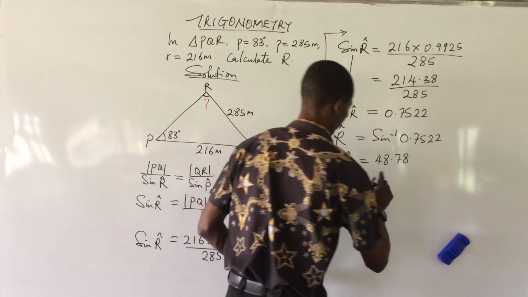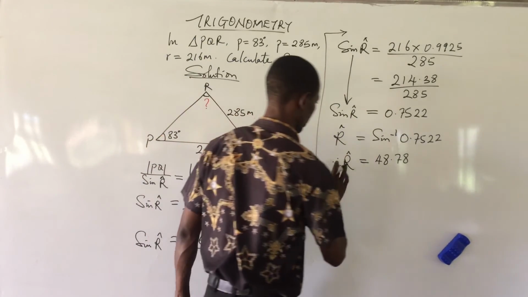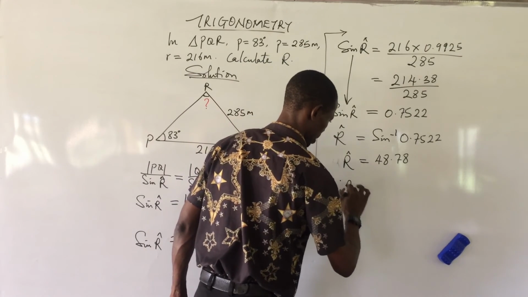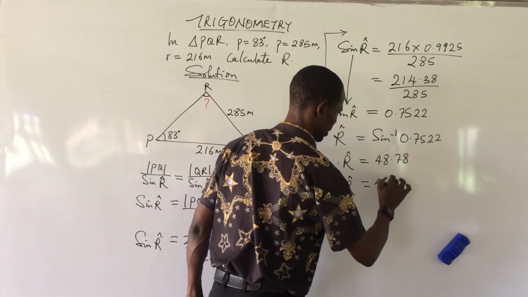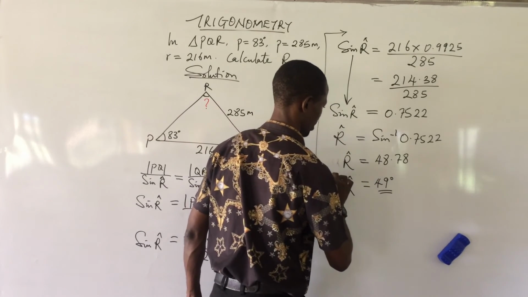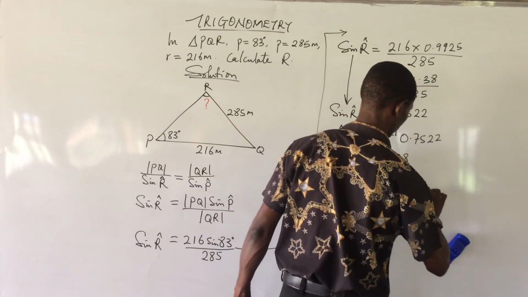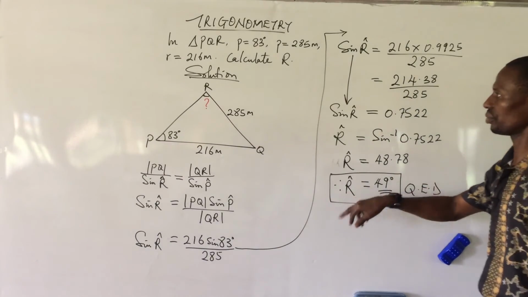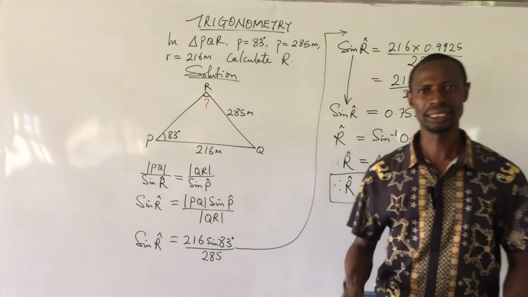So if we take it to the nearest degree, therefore R is equal to 49 degrees. This is the value of angle R, QED. So angle R, which is here, is equal to 49 degrees.